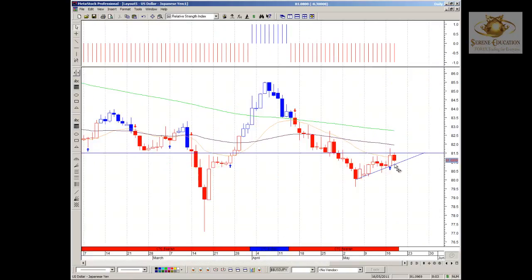As I mentioned, it needed to close higher than that to give us an indication of further upside movement, and it failed to close above the 20-period moving average nonetheless. It failed to close above this prior consolidation area, roughly at the 81.50 mark, and by failing to do so there was likelihood of a possible pullback, and sure enough, on the Asian market going into this morning's European session, we've seen price reverting to the downside.